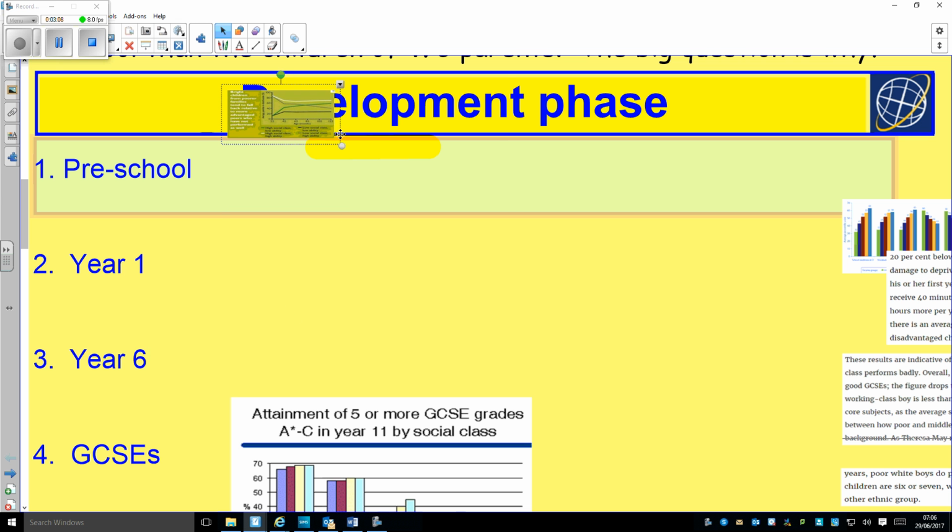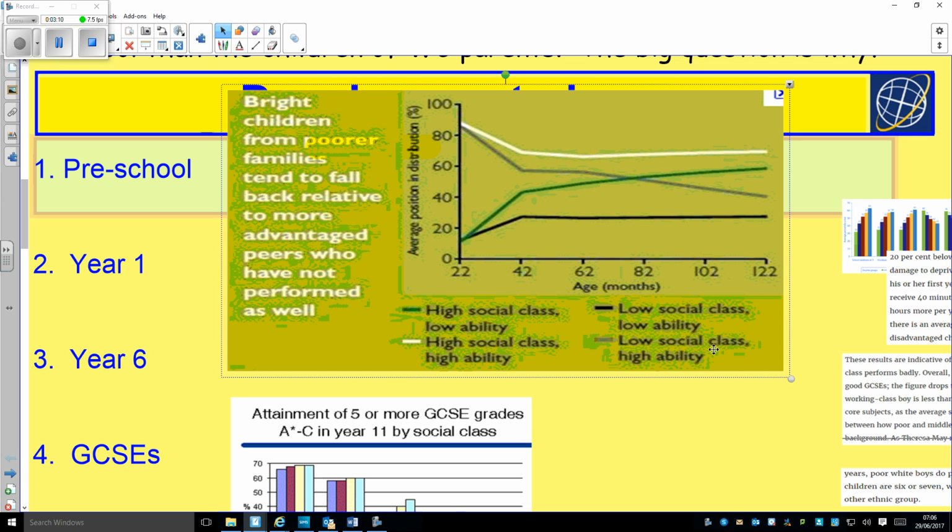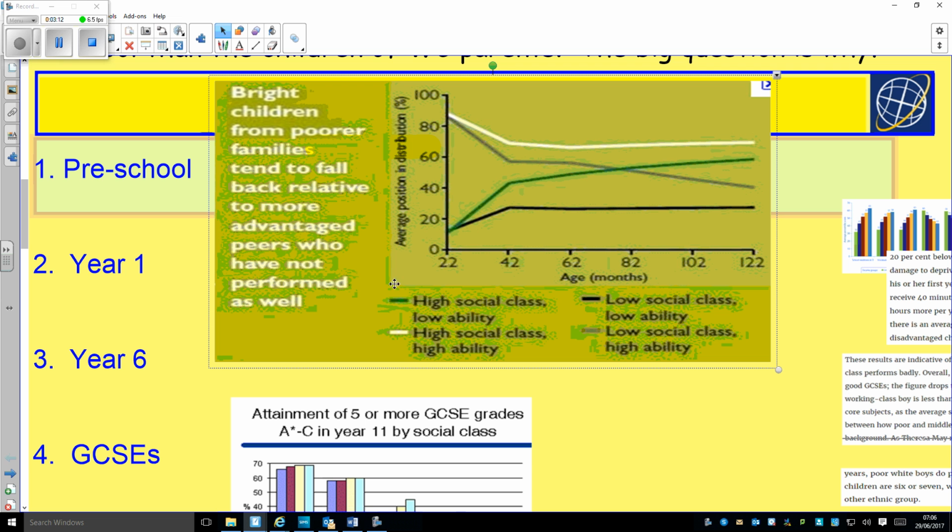This chart, which we'll use quite a few times over the next couple of years, is a longitudinal study based on kids' attainment in school. 22 months, so not almost 2, 122 months, 6 when they leave, 11 when they're leaving primary school, roughly. The green line, high social class, low ability.